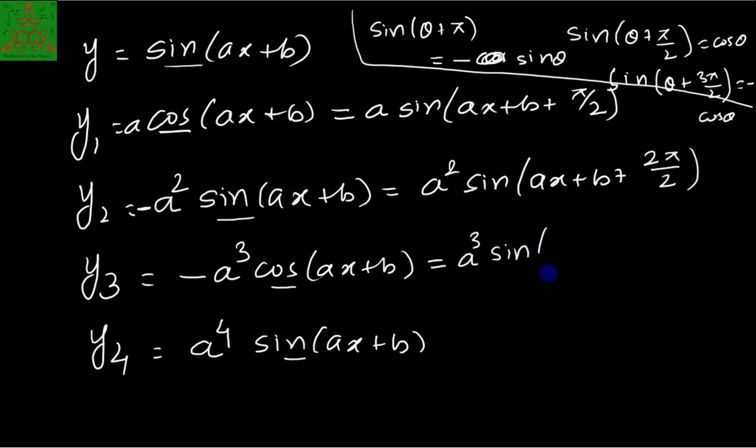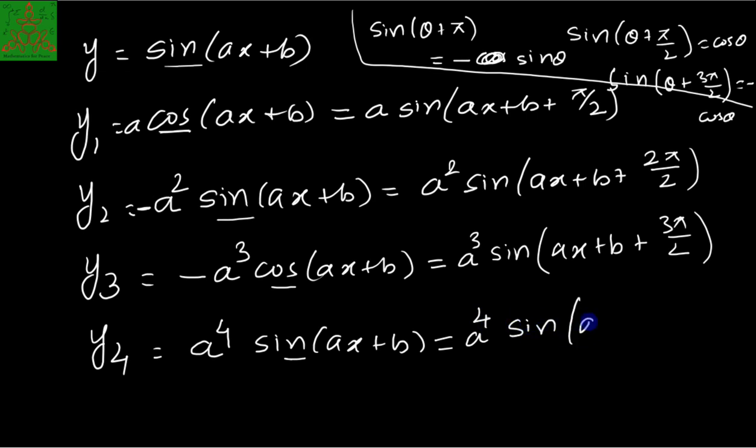sine of ax plus b plus 3 pi by 2, and the next one adds pi by 2 again, so that is a power 4 sine of ax plus b plus 4 pi by 2. Actually we have added 2 pi here, and theta will not change.